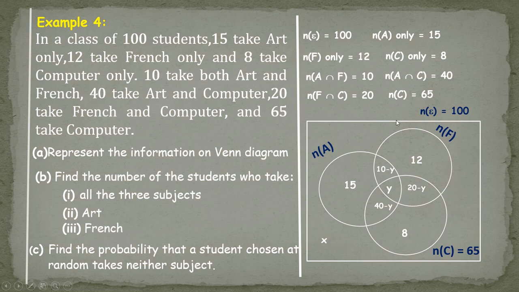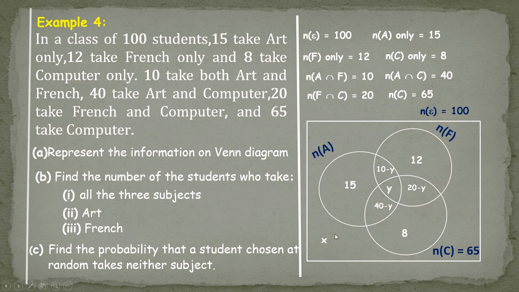So you realize that if we add all this, we should be coming to 100. However, you realize that we have two unknowns. We have x, we have y.